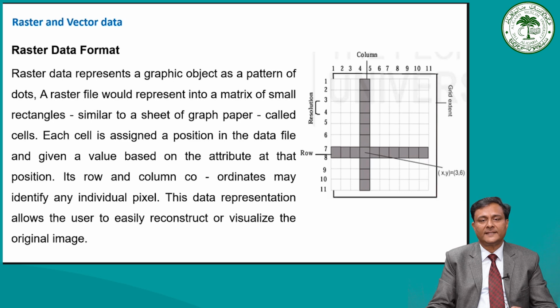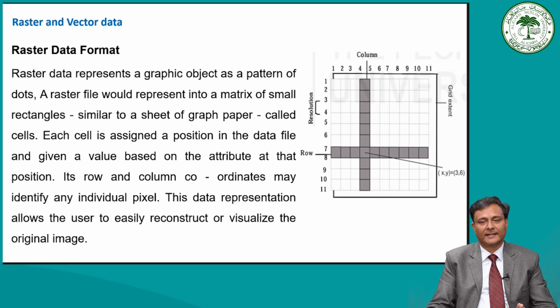In this model, the basic building block is the cell. The representation of a geographic feature in this model is by coordinate, and every location corresponds to a cell. So each cell contains a single value and is independently addressed with the value of an attribute.